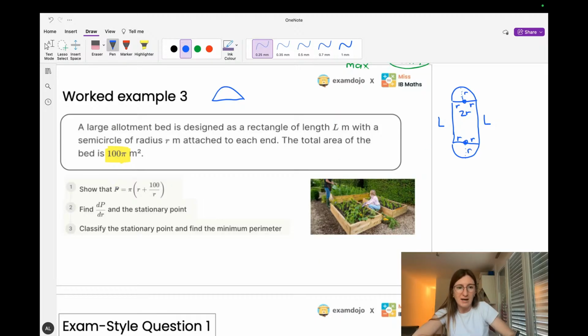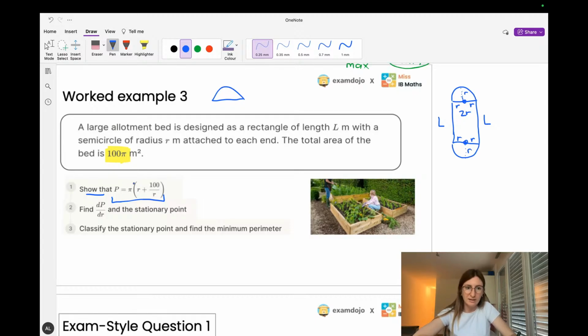So show that the perimeter is equal to this. Now that looks incredibly confusing. You're like, how do I get that from that? I would recommend that you ignore this for now. If they say show that, it's not helpful anyway, because you can't use this in your calculations. A show that question means you need to go and do your calculations, get to the end, see that it looks like that, and go, oh, there we go.